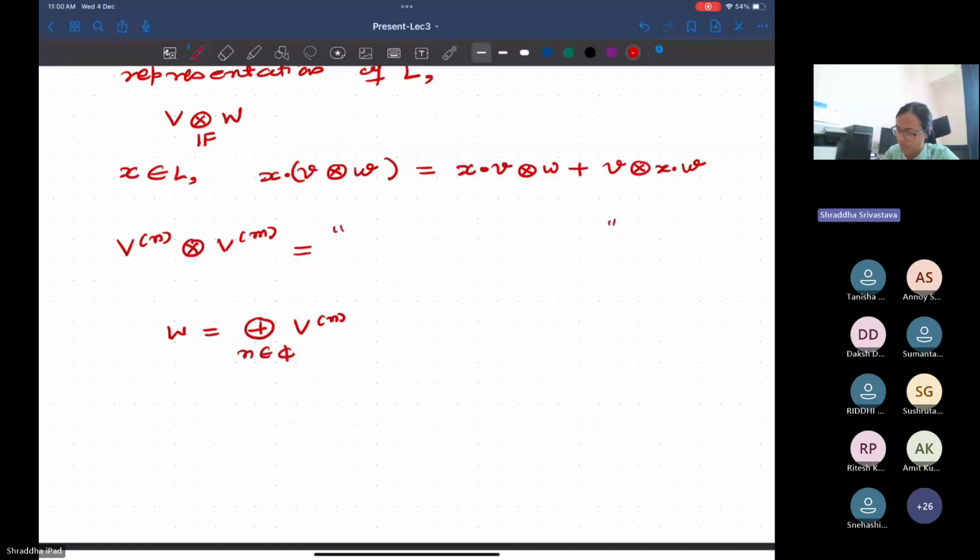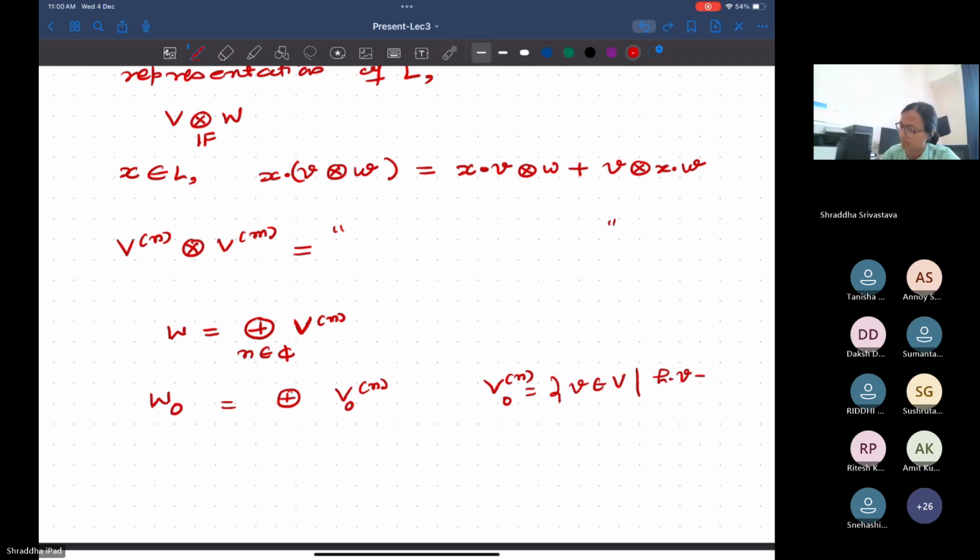So if you look at the zeroth eigenspace for the action of H, that means W_0, by definition, is going to be the direct sum of the zeroth eigenspaces for the action of H for each of these. So V_0 consists of all those v in V such that H dot v is 0. This is again linear algebra, right? Okay, ma'am. Understood.